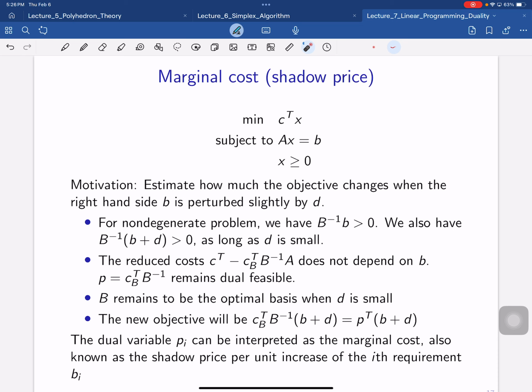Then the new objective will be, remember this is nothing but the dual variable, the dual times b plus d, which is nothing but p transpose d. The way to interpret that is if you perturb b by vector d, where d can be a very small perturbation to the right-hand side, then the optimal objective will change by the dual variable times d. That's a way to interpret that.